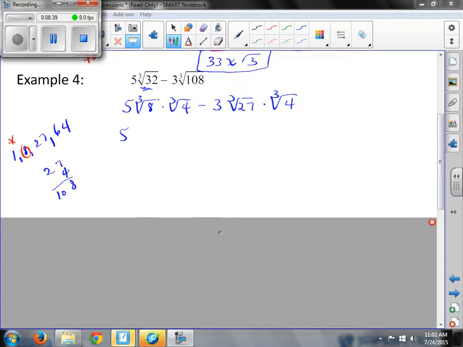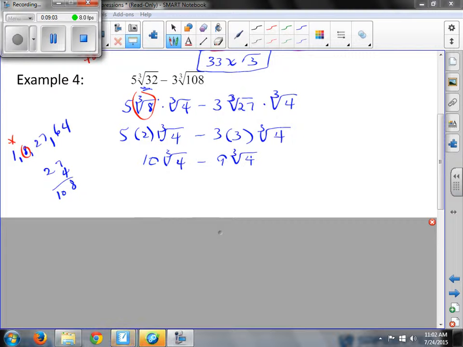So now I have 5, and the cube root of 8 turns into 2, cube root of 4, minus 3 times the cube root of 27 turns into 3 times the cube root of 4. So now I have 10 cube roots of 4 minus 9 cube roots of 4, which would be 1 cube root of 4. Or we might just write the cube root of 4. You don't have to have the 1 out there.